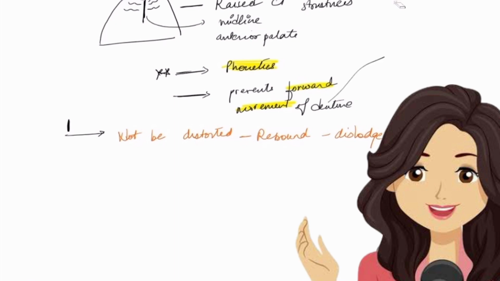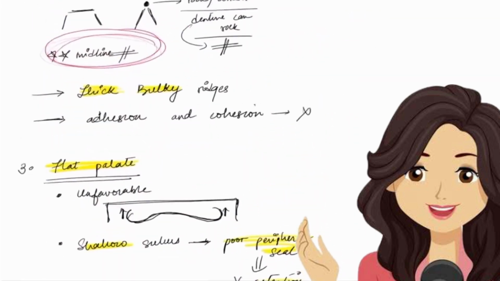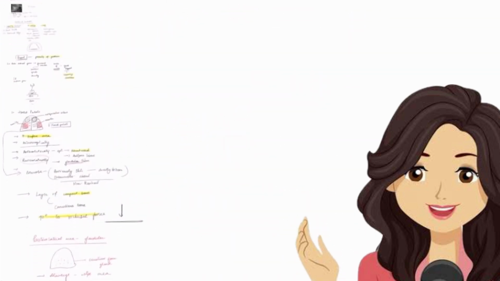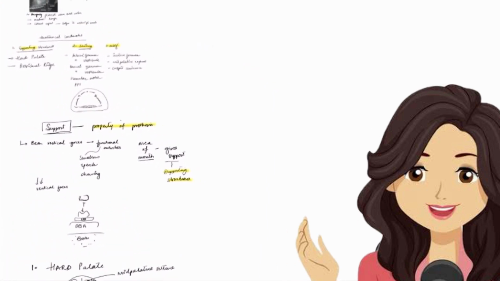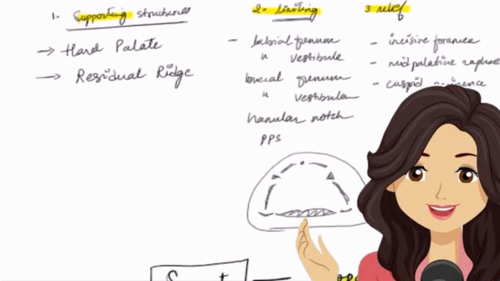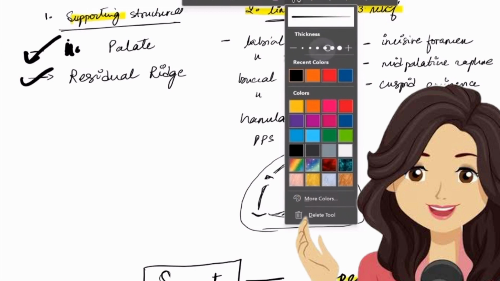So all in all, we have covered our supporting areas of the maxilla pretty nicely. What are the supporting areas? We discussed the property of support.